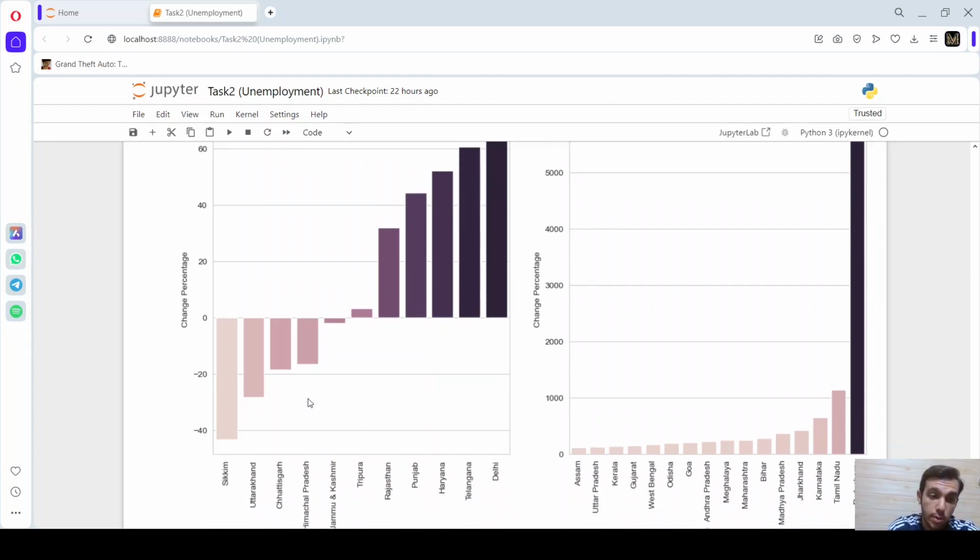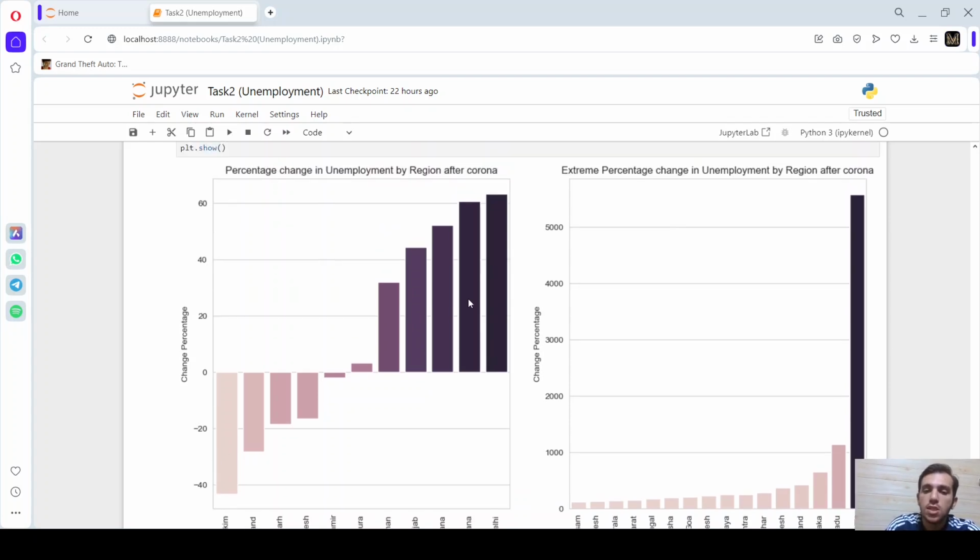So we can see that the unemployment rate was negative here in Sikkim, and I'm gonna show you why. It's not supposed to be negative because things were actually going up, but we can see that for most of the regions, the unemployment rate percentage of increase starts from 25%, and it even went as high as 60%.